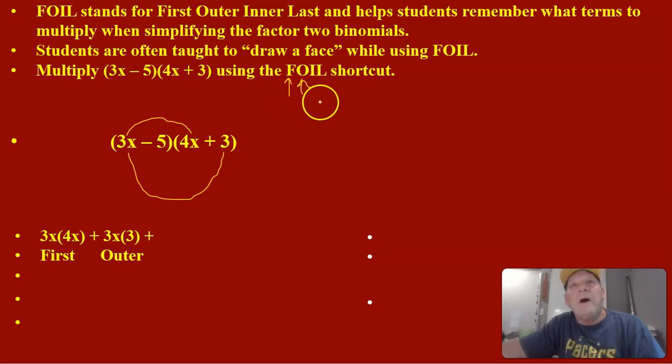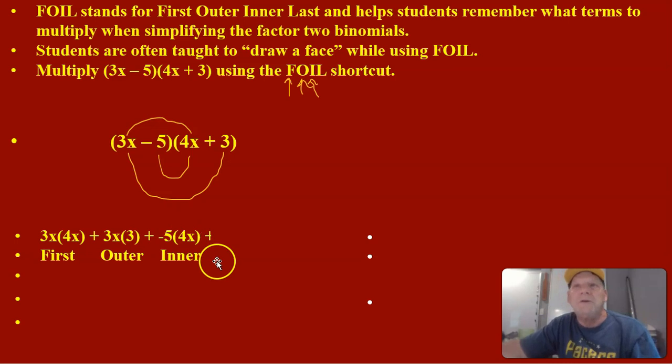Now I'm going to go to my inner, which is my I, and the inner are the 2 inside ones. And we have to think of that minus 5 as a negative 5. And if you need to change that to plus a negative 5, go ahead and do so. And that's what I would teach my pre-algebra students when I was teaching in the classroom.